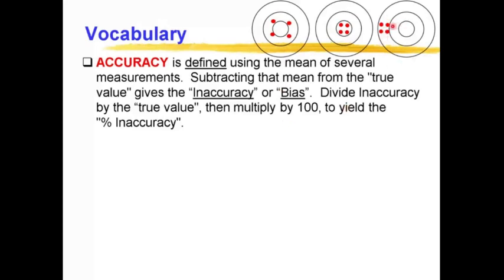Now this is a very tight configuration, but it's way off target. So this is very inaccurate. Unfortunately, a lot of calibration companies will assess your equipment by doing a single measurement.